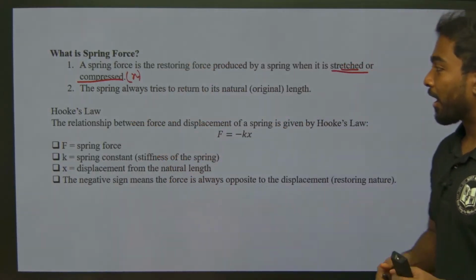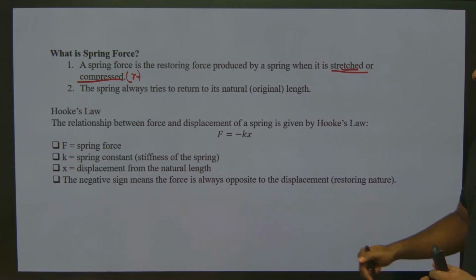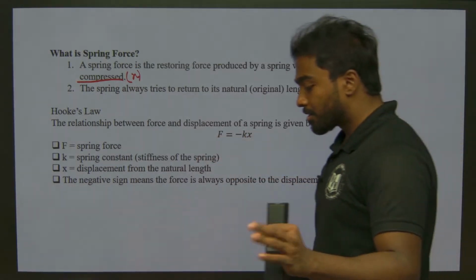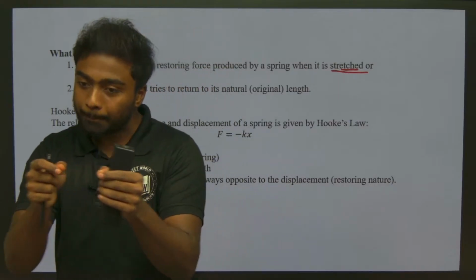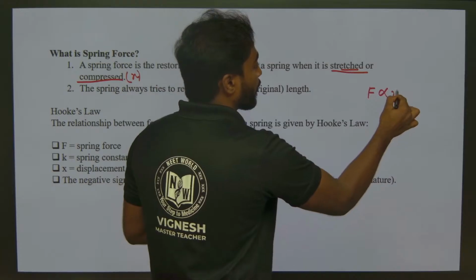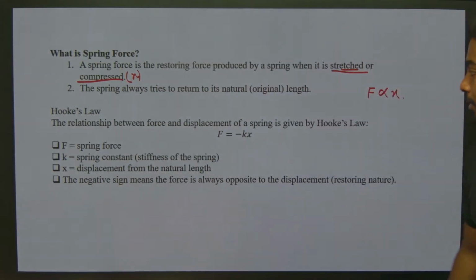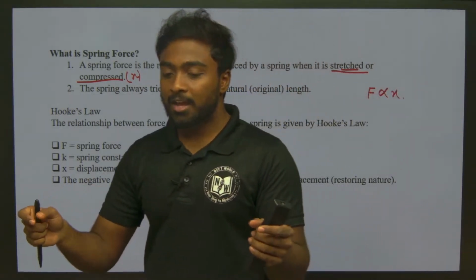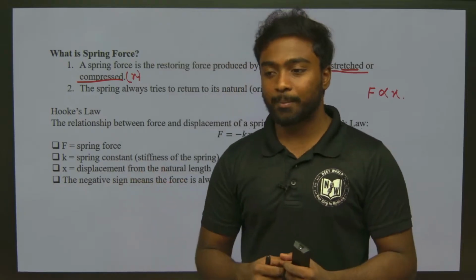According to Hooke's law, the relation between force and displacement of a spring is given by this. If I apply more force, what will happen? More displacement happens. So can I say F is directly proportional to x? Yes. If I apply more force, more displacement happens. If I apply less force, less displacement happens.